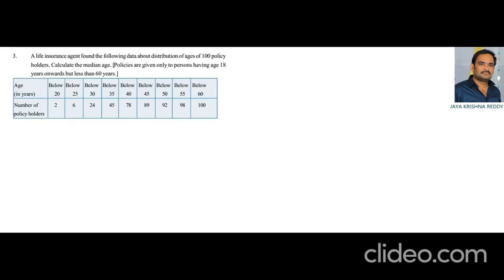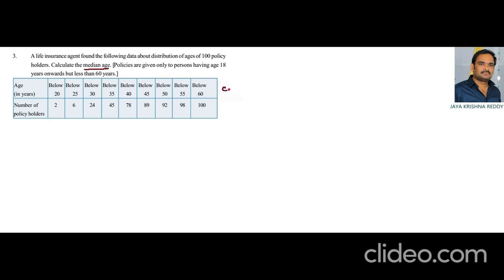Let us solve one more question. A life insurance agent found the following data about the distribution of ages of 100 policy holders. Calculate the median age. The first row is given as below 20, below 25, below 30, below 35, below 40, like that up to below 60.